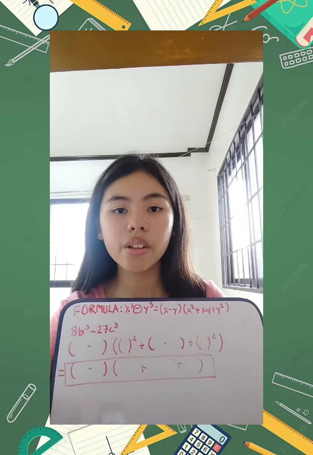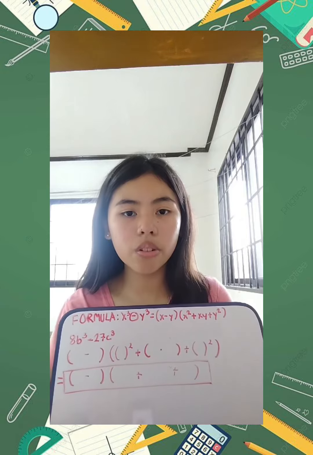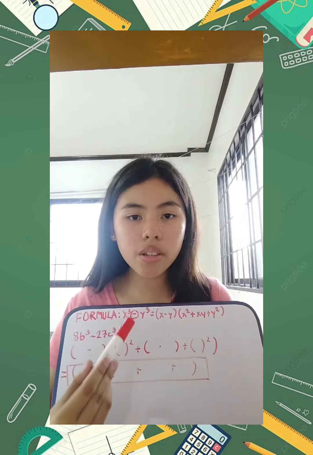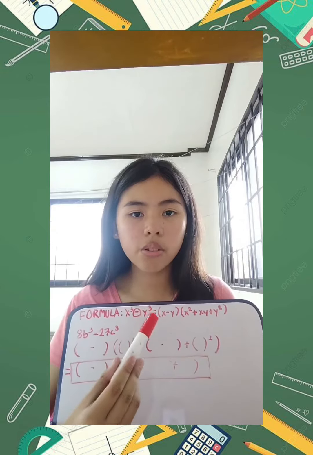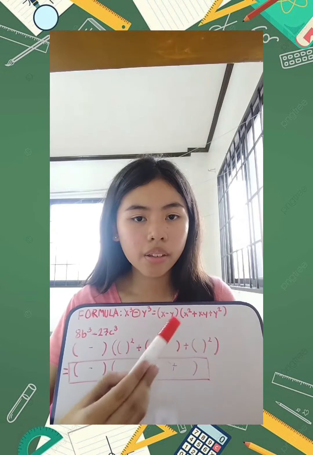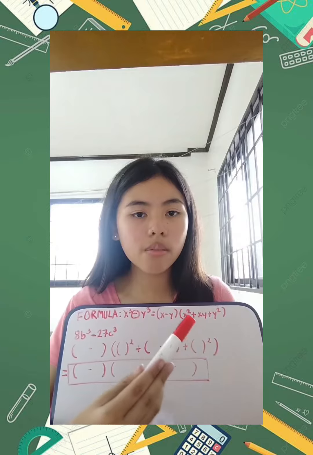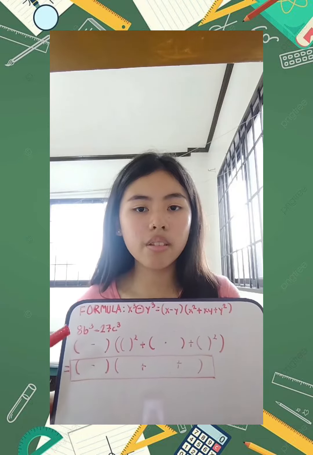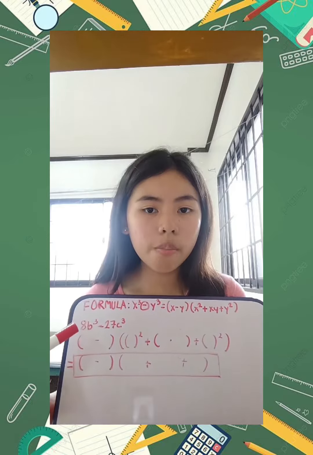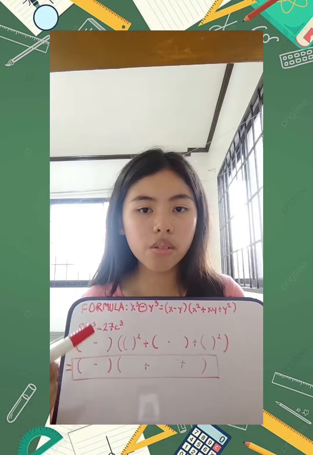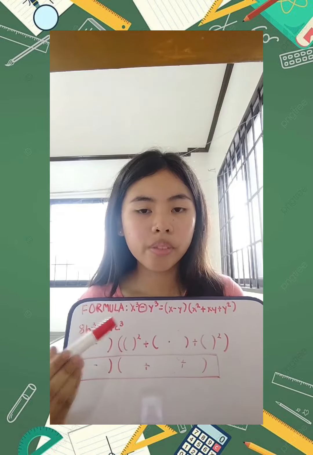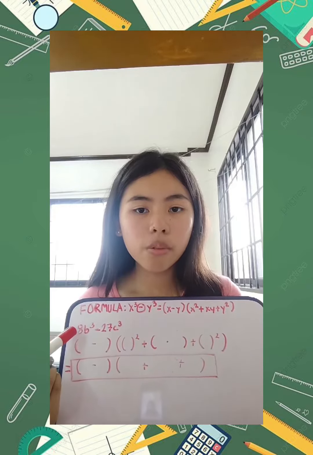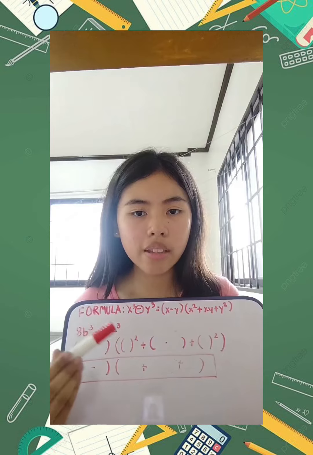Next is the difference of two cubes. The formula is x cubed minus y cubed is equal to x minus y times x squared plus xy plus y squared. So let's solve this. 8b cubed minus 27c cubed. Now let's identify the cube root of the first and last term.